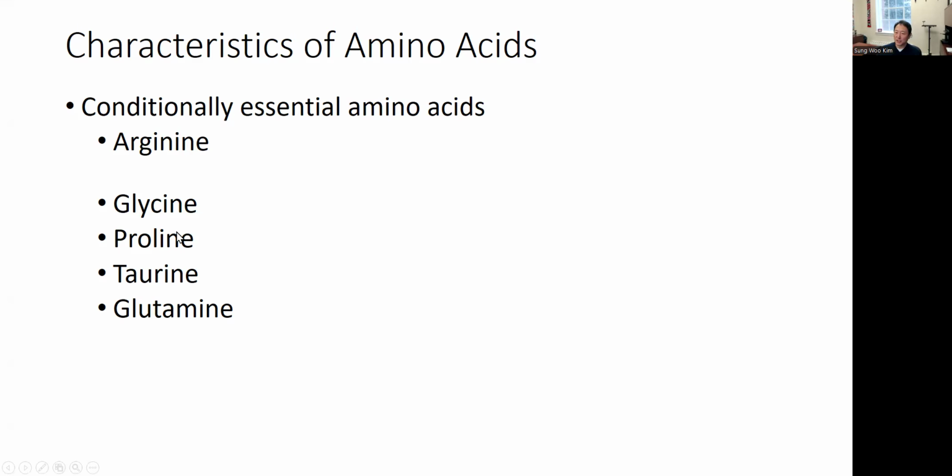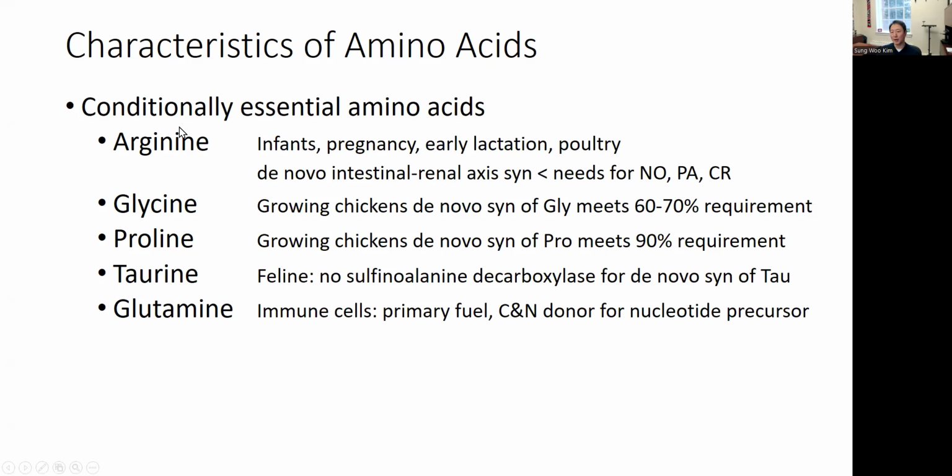When we say conditionally essential, these amino acids become essential under specific conditions. In the case of arginine, it becomes essential for infants, pregnant animals or pregnant humans during early lactation, and also for poultry, avian species.